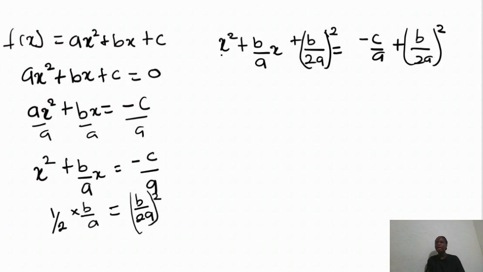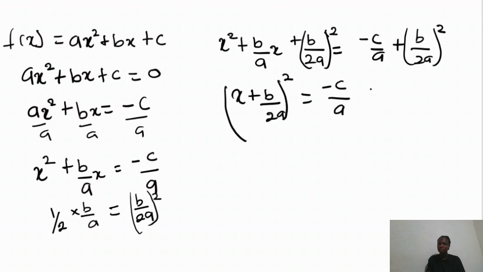From here, we are going to take the terms that are squared, add those two terms, and then square all of that. So we are going to get x plus b over 2a, all of this squared, to be equal to negative c over a plus b squared over 4a squared.